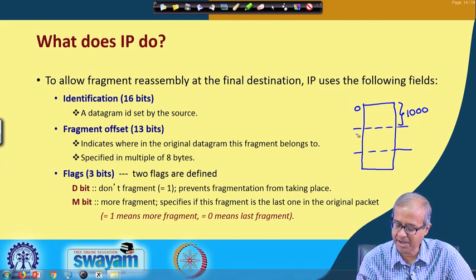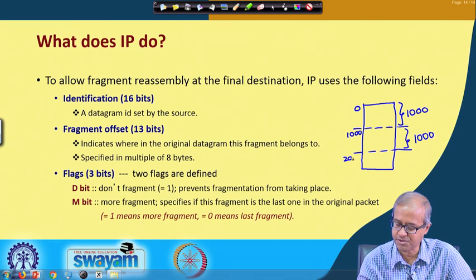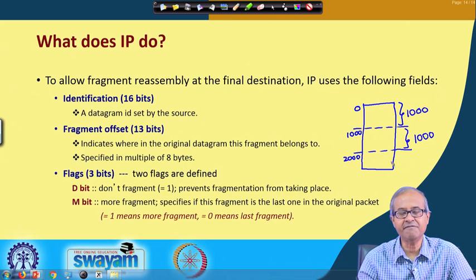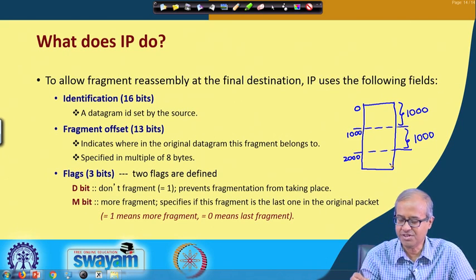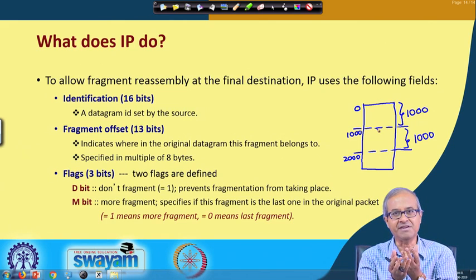So, the next packet will start from address 1000, this is the offset. Let us say this also has a size of 1000. So, the third packet will start from an offset of 2000. So, when you create the fragments, you also mention the offset with respect to the original packet, so that when you are reassembling later, you will know in which order to put these fragments back together.